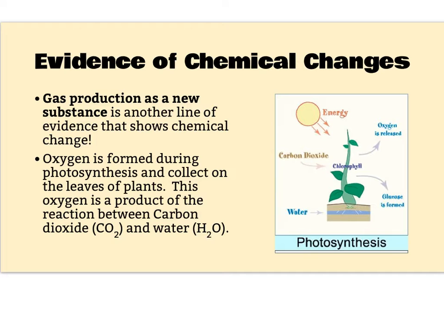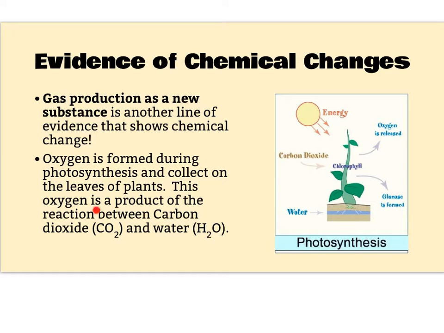Along with forming a new solid or a new liquid, a new gas or gas production as a new substance is an evidence of a chemical change. In a reaction called photosynthesis, which happens in plants every day, oxygen is formed and released from the leaves of the plants.